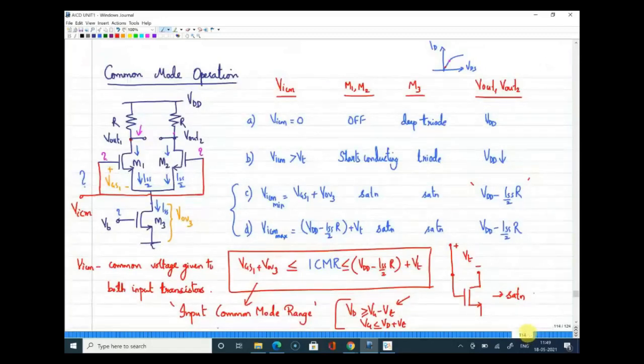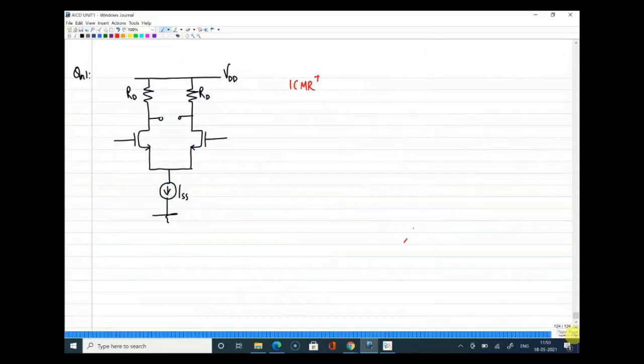Oh, we wrote it as ICMR. So ICMR plus is the maximum value and ICMR minus is the minimum value. So the range is ICMR. The maximum we denote with a plus sign, and the minimum with a minus sign.